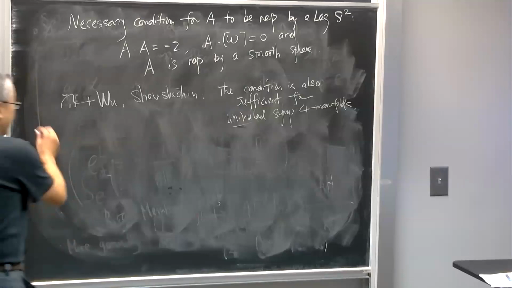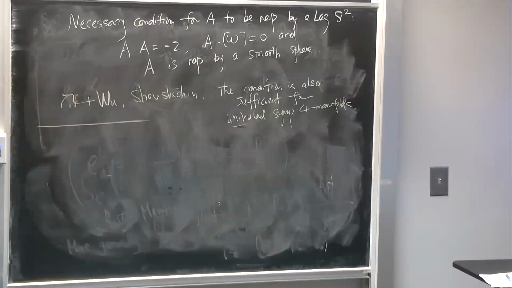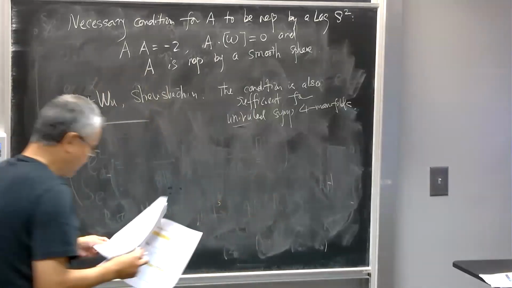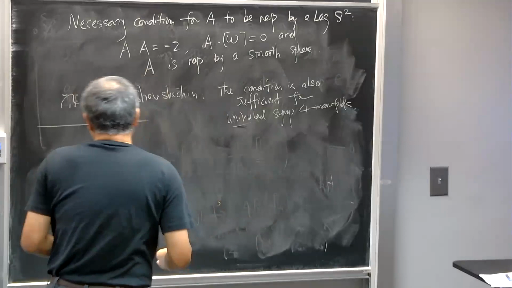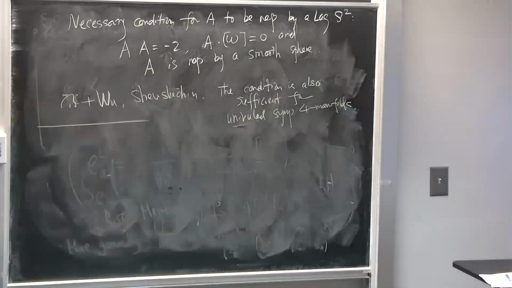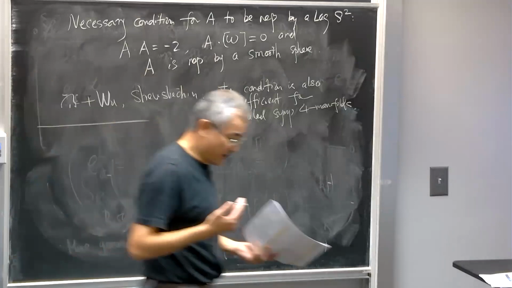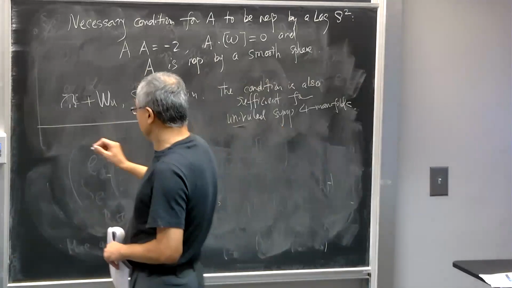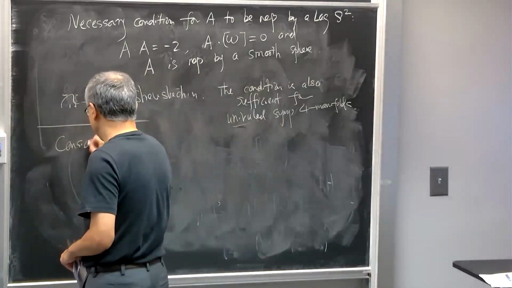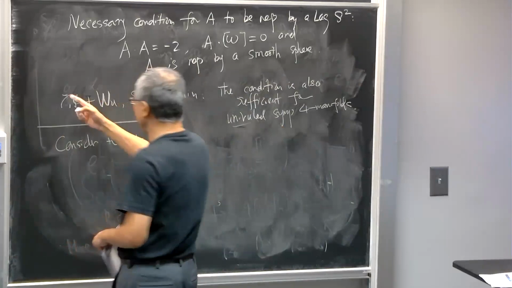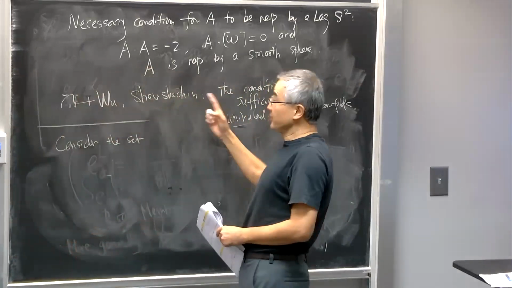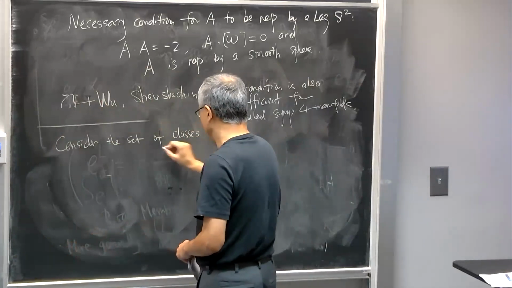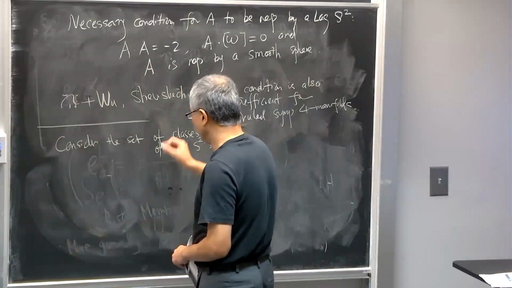Here I mention another general result, not just restricted to uniruled four manifolds. If I look at the set of classes of Lagrangian spheres on symplectic four manifolds, I understand this set completely for uniruled four manifolds.